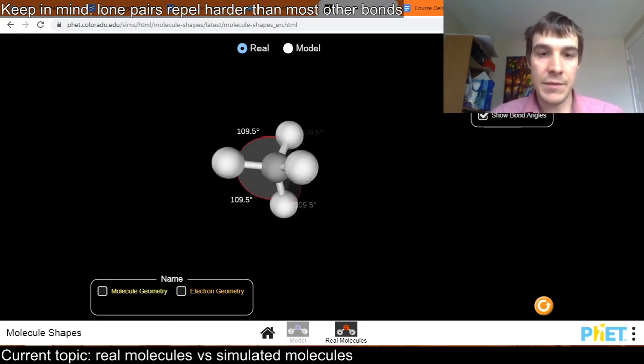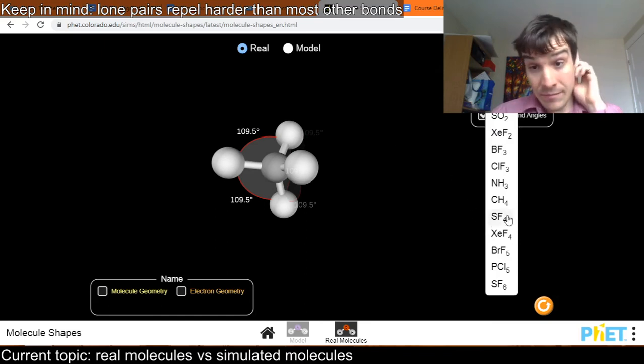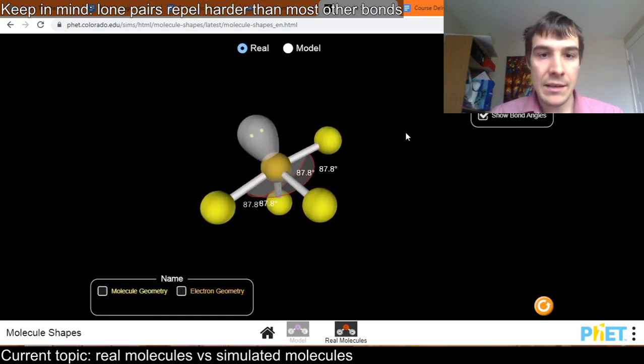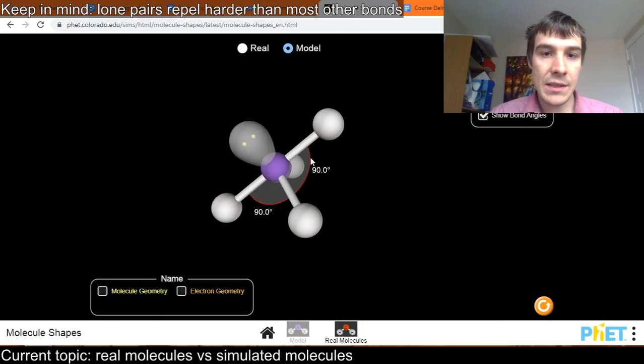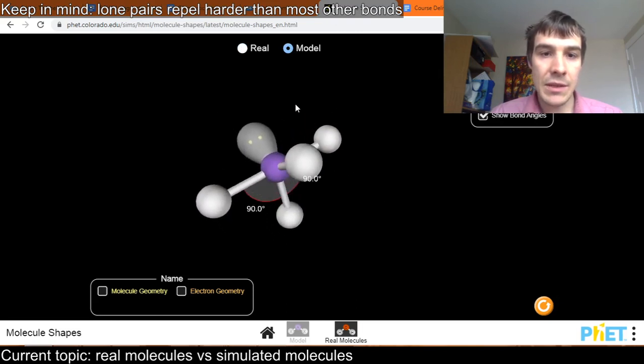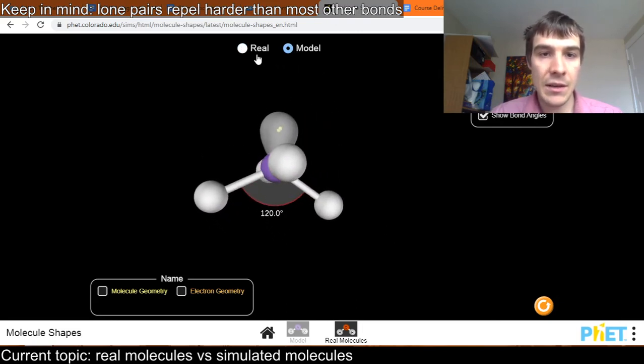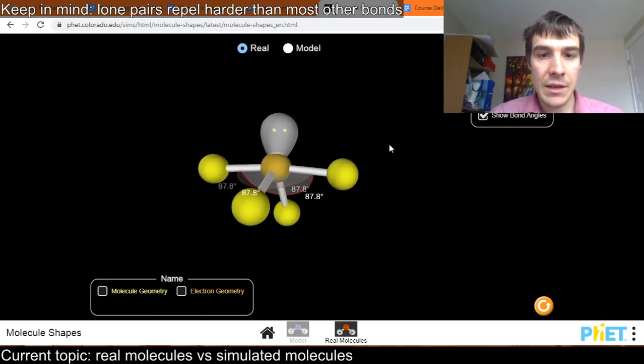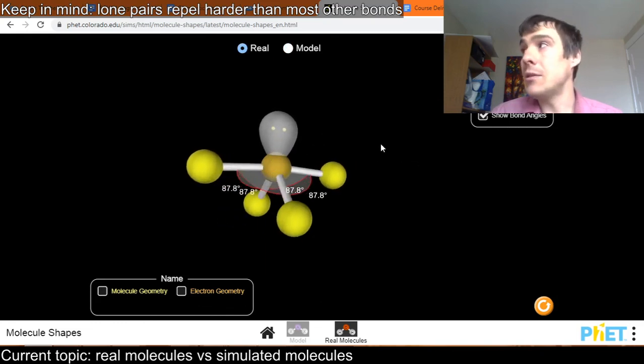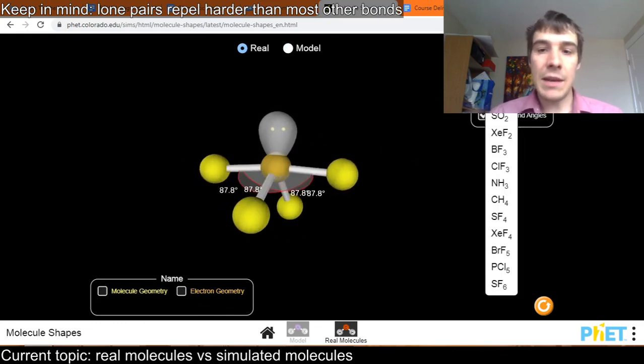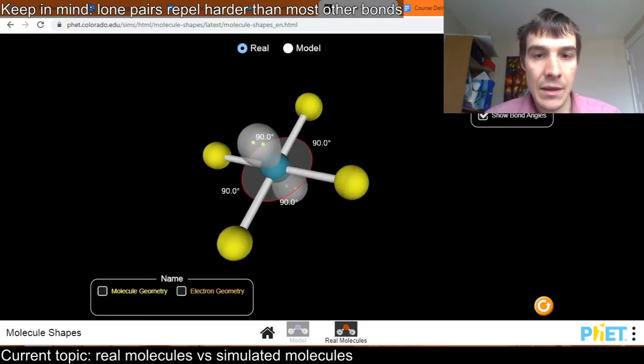CH4, perfect tetrahedron. SF4 should be a seesaw with 90 degrees between each one and 120 there, but the real molecule is pushed down by the lone pair, so it's less than 90. You don't have to predict it or memorize these angles, just know that it'll be less. The angles will be less than the optimal angle because of the stronger repulsion effect of the lone pair.